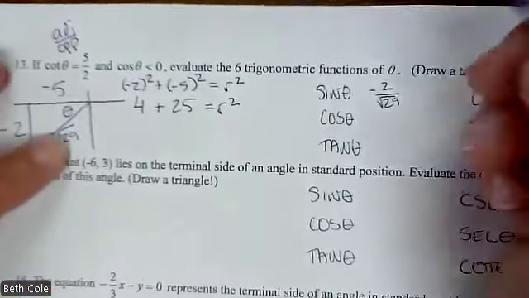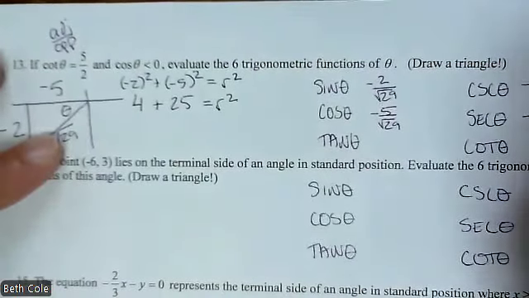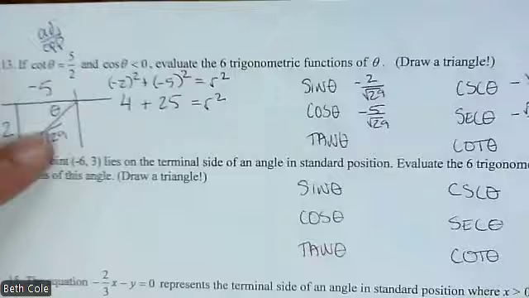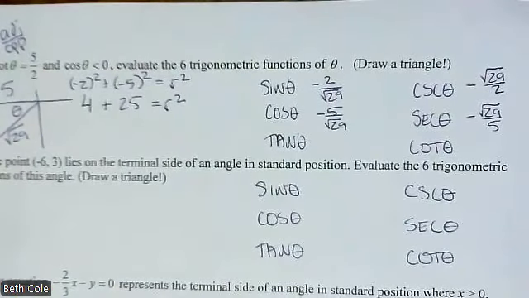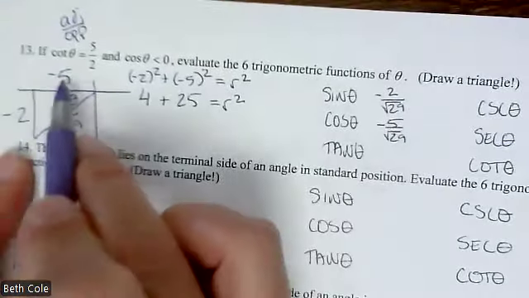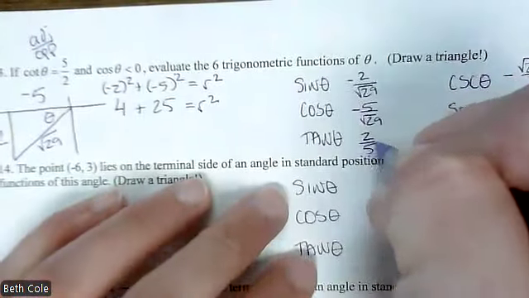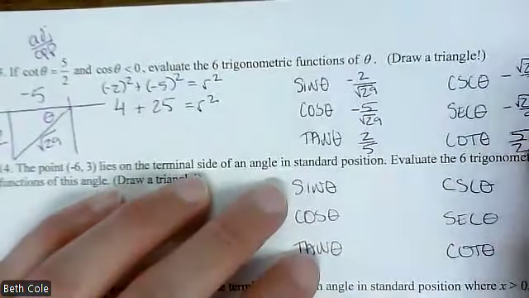Cosine is adjacent over hypotenuse. And then secant, you're going to flip it. Tangent is opposite over adjacent. So that's -2 over -5. The negatives will cancel. Cotangent, you flip it.